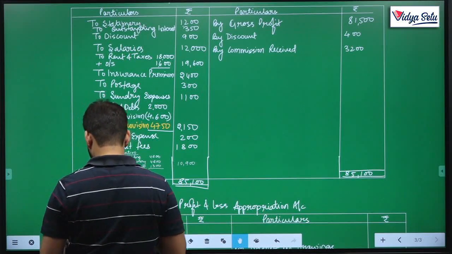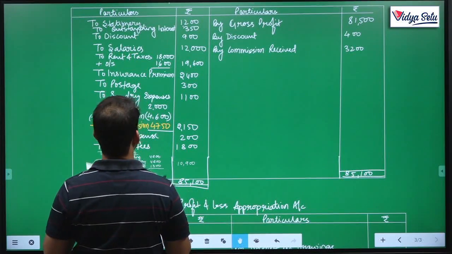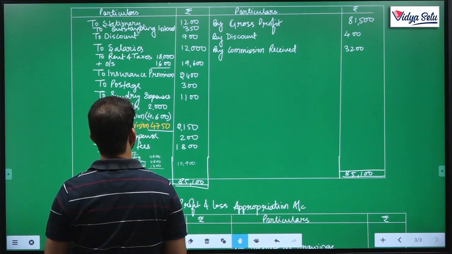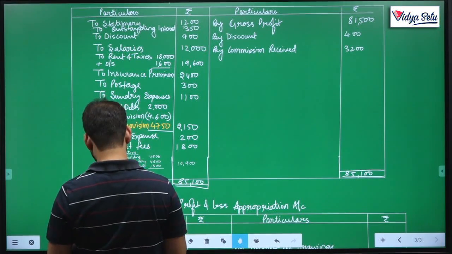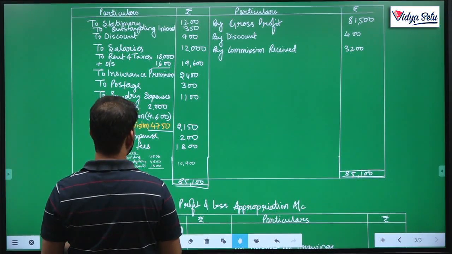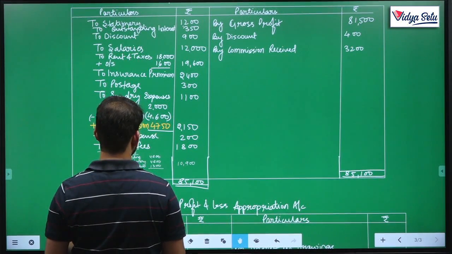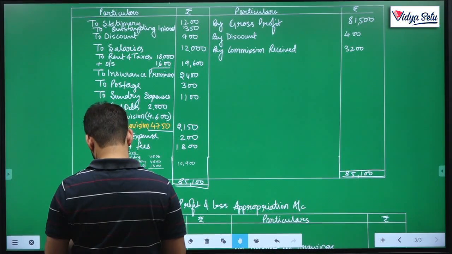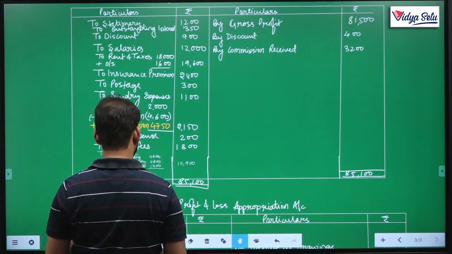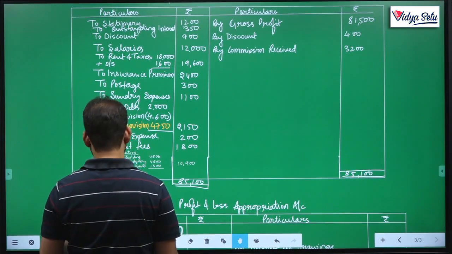So, what we have here: 1200 we have written, 350, 900 we have written, 12,000 salaries also written, 19,600 written, 2,400 written, 300, 1,100, 2,150, 4,800, 4,800, 4,800, 1,300, 9, okay.